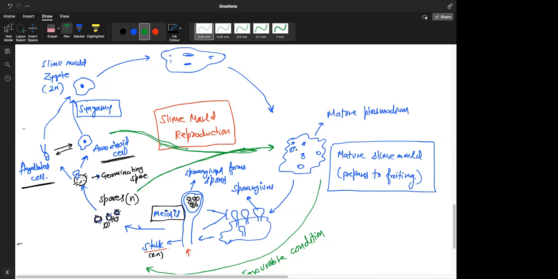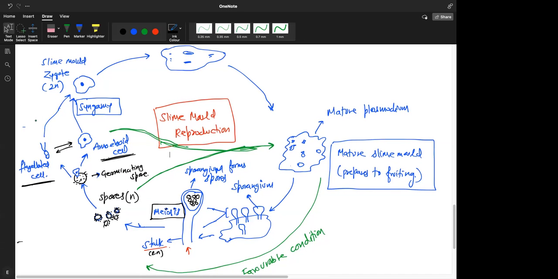So it can be either haploid or diploid depending on which pathway it took to reproduce. All this part from zygote onwards till the sporangium is diploid, and from spore to syngamy is haploid.